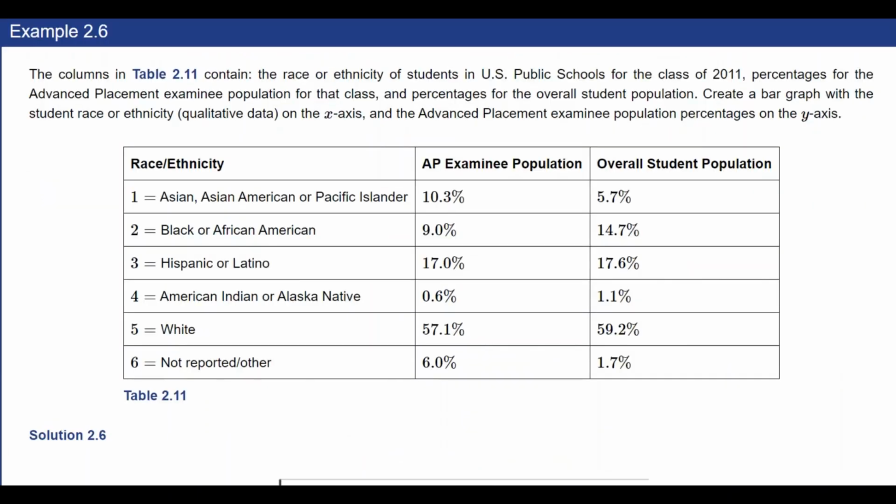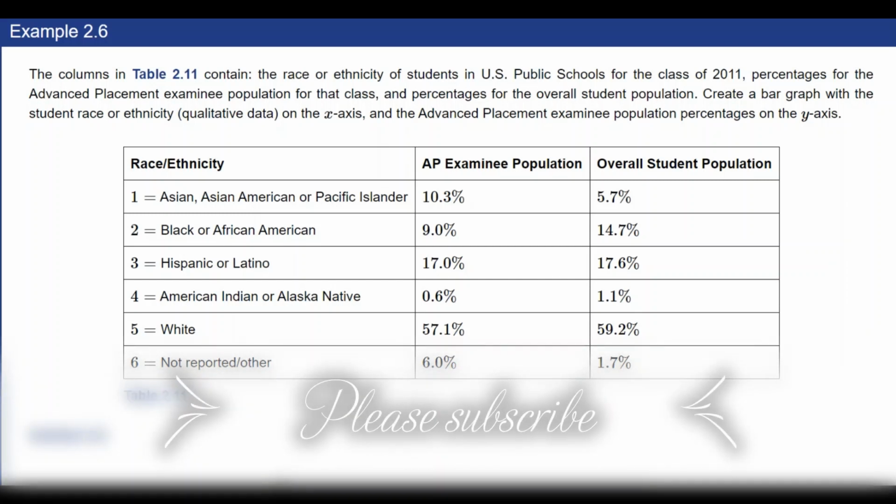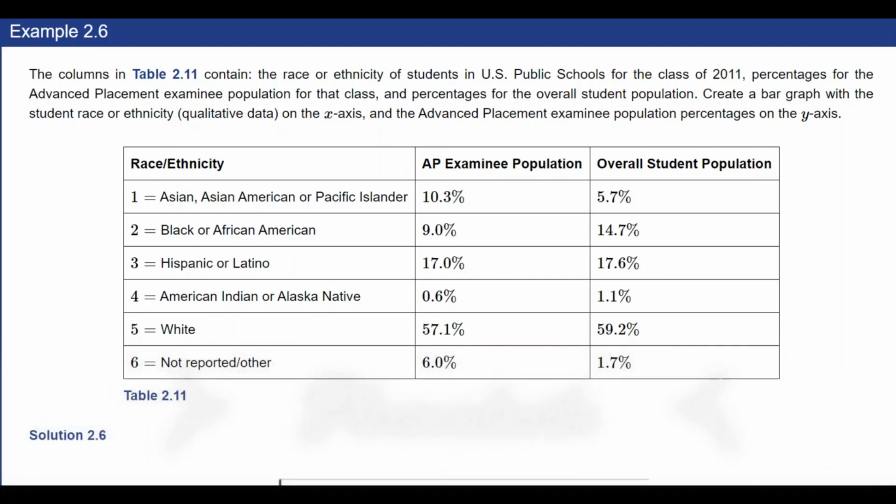Here is another example of the bar graph, in which the table has its first column about the race or ethnicity of people, and in the second and the third columns, people in the second column are examinees and the third column are students.